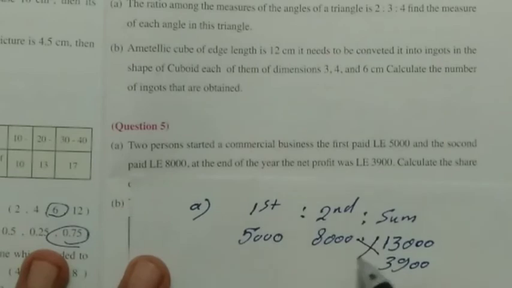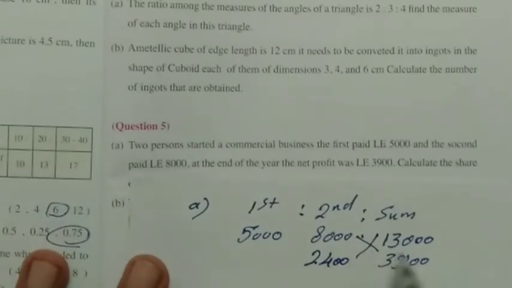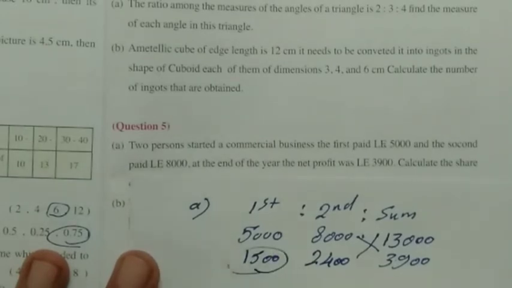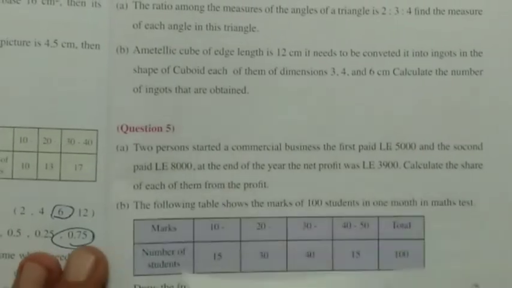So times divided gives 1,500, times divided gives 2,400. So the share of the first person is 1,500 pounds, and the share of the second person is 2,400 pounds.